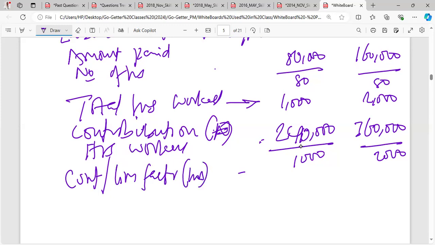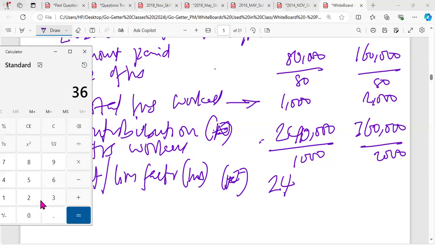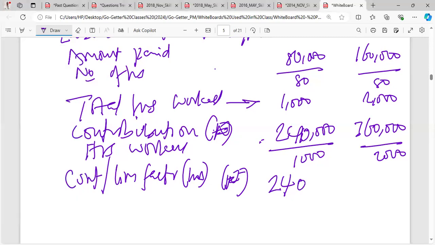So 240 divided by 1,000 will give me 24 Naira. This one, 360 divided by 2,000, should give me 180. This is 240 here. This is going to give me 180.